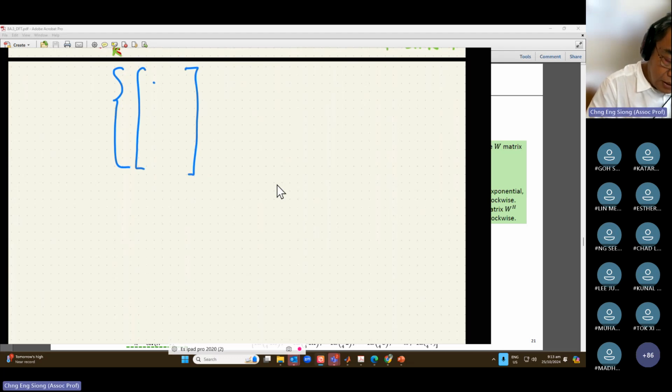This is e^(j2π/N)kn. K equals 0, and here n equals 0.